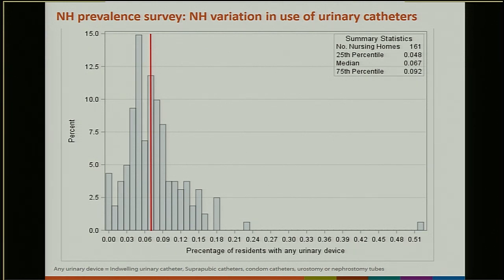But 25% of nursing homes had a use of urinary catheters that was above 9%. So there's quite a lot of distribution in terms of use of urinary catheters among nursing homes. And these are some of the factors that come into play in explaining what your individual facility incidence rate may look like with respect to UTIs.